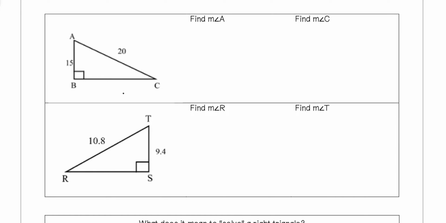So for the measure of angle A, that is our theta. The side next to it is the adjacent, and across from the right angle is our hypotenuse. So to find A, I'm going to be using the cosine of angle A equals my adjacent 15 over my hypotenuse 20. To get that A value alone, I need to take the inverse cosine of both sides of this function.